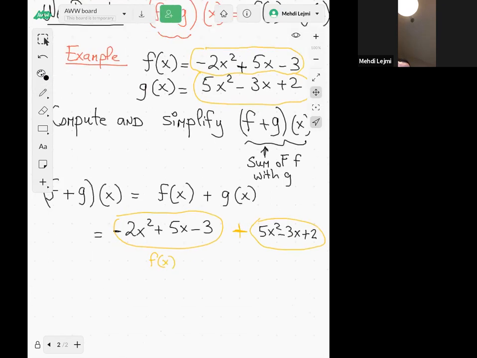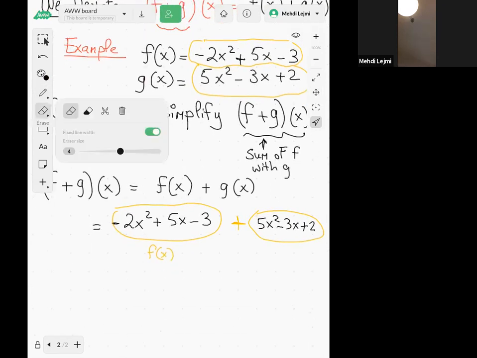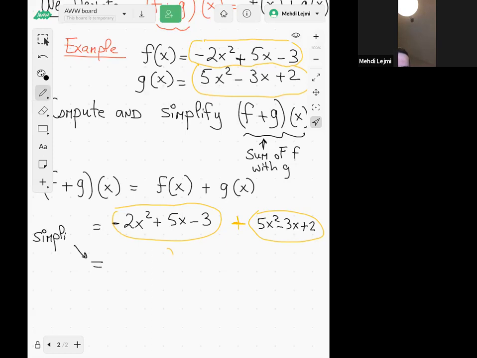The important thing here, guys, is don't forget to simplify. Yes, Logan, I think you got that right. Very good, absolutely, that's the right answer. It's really important to simplify your answer because, as you can see, you have minus 2x squared here plus 5x squared, so then you end up with plus 3x squared.